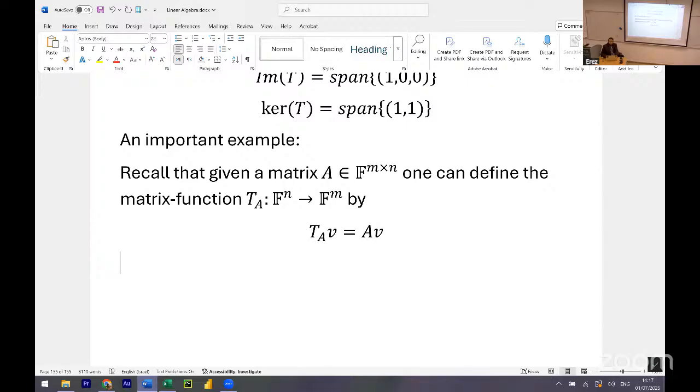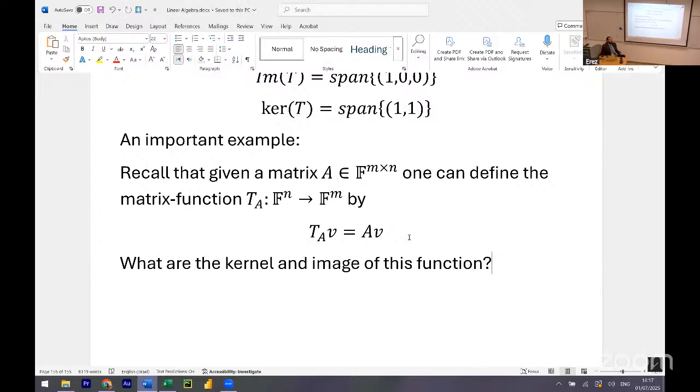What we wish to study is what the kernel and image of this function are. And this is quite a general case because every linear function is a multiplication by the representing matrix, right? But you need to go to the coordinates for that. But we wish to know what the kernel and image of such functions are, and what it has to do with the matrix.